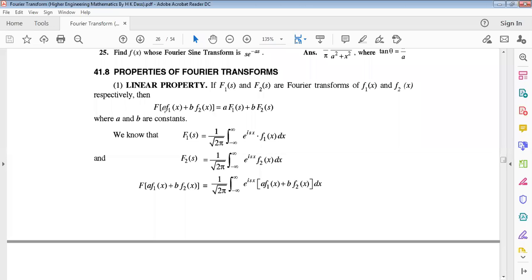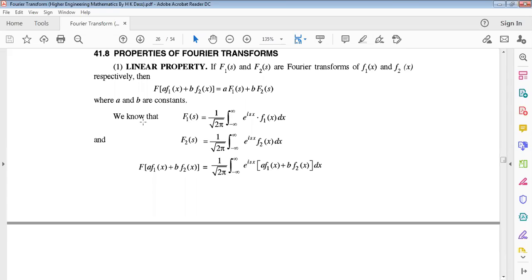Then if we take the Fourier transform of a f1(x) plus b f2(x), where a and b are constants, we can prove it equals a multiplied by the Fourier transform of the first function plus b times the Fourier transform of the second function. This is the linear property, where a and b are constants.